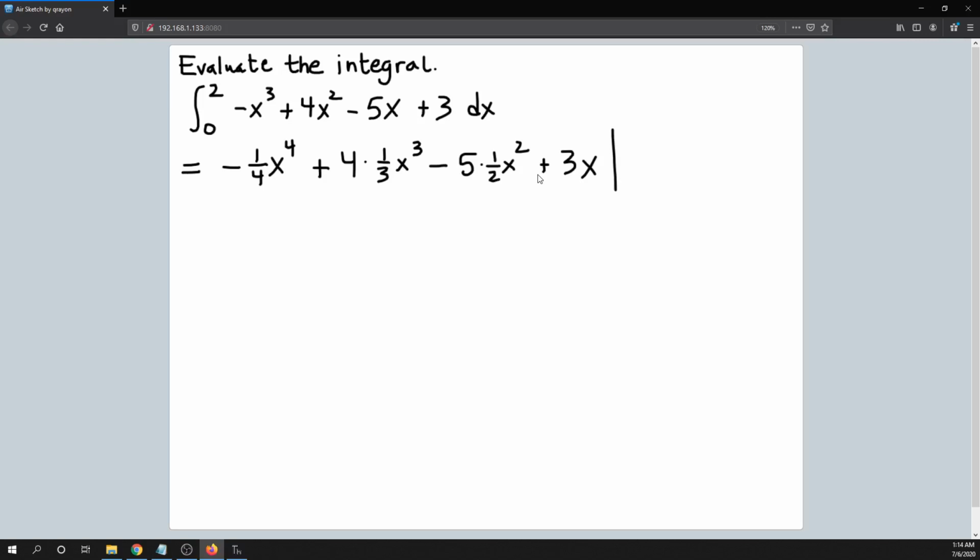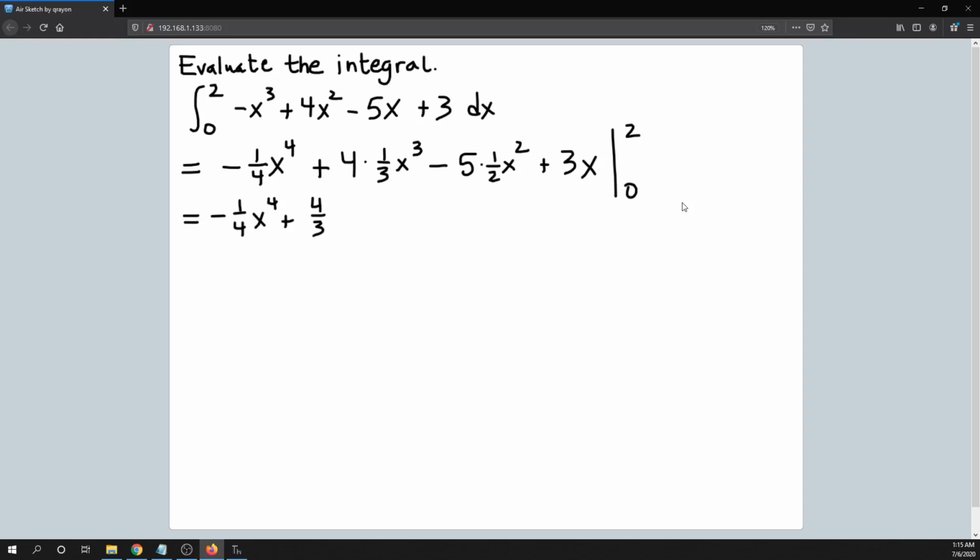And then I want to evaluate that from 0 to 2. And this symbol just means take this number and plug it in, and then take the 0 and plug it in. There's not too much simplifying to do here, but I strongly recommend for you to simplify the antiderivative as much as possible before you start plugging in the numbers.